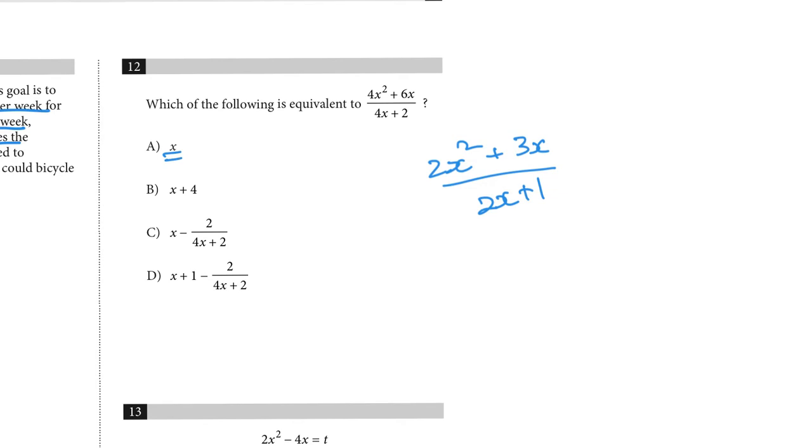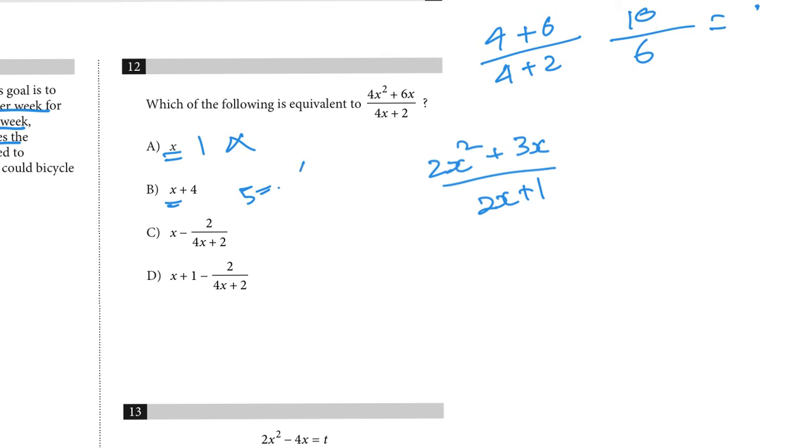So if we take x is equal to 1, that would give us (4 plus 6) by (4 plus 2). So that's 10 by 6, which is not equal to x, so that's not the right answer. x plus 4: if x again is 1, is 5 equal to 4?